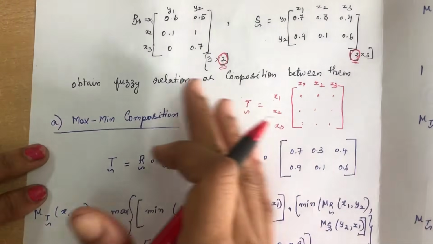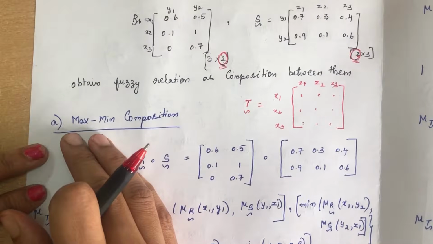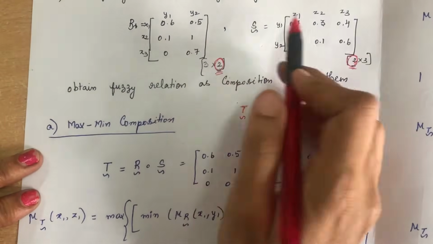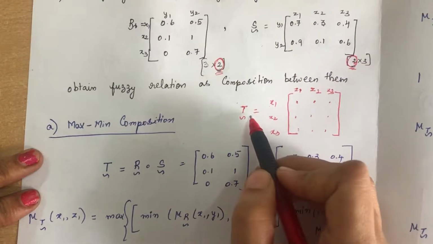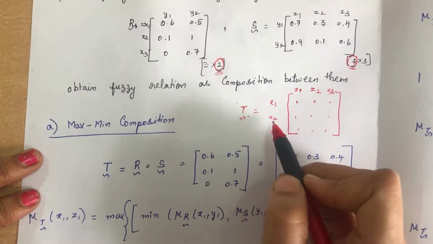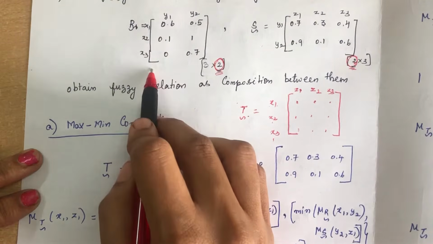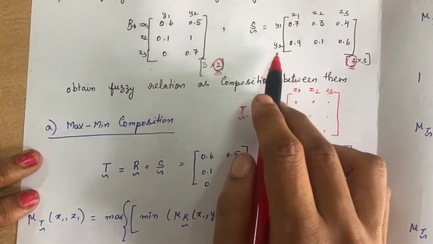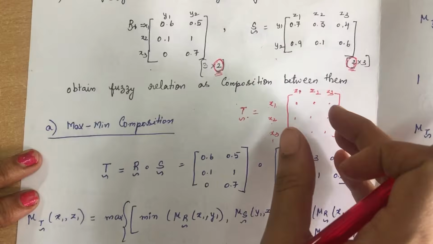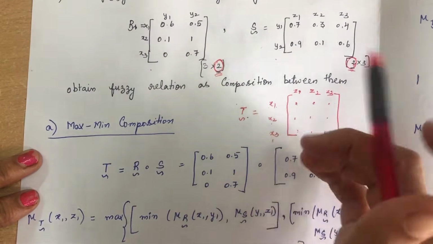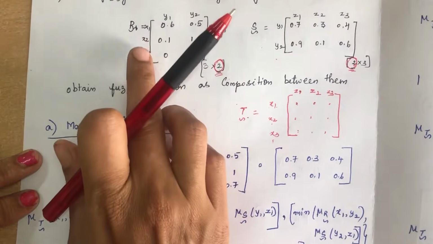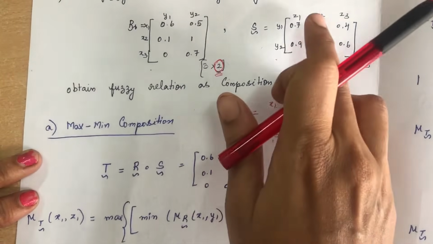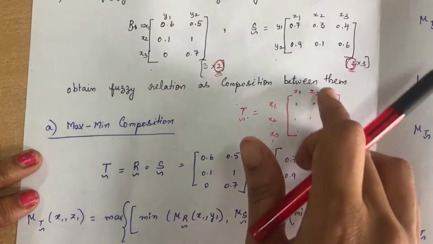Okay, so now we will find out the max min composition. We will call the resultant matrix T, and x1, x2, x3 are the values we take for the rows, and y1 and y2 are common. The final resultant matrix will have x1, x2, x3 as row values and z1, z2, z3 as column values.